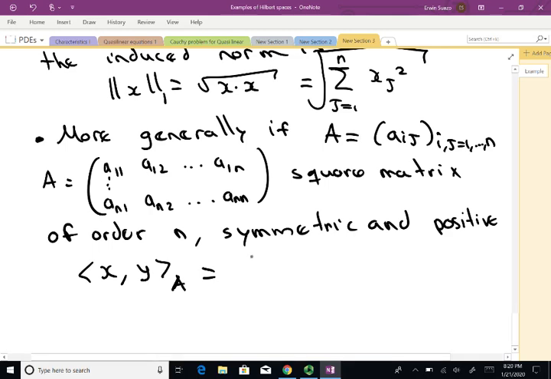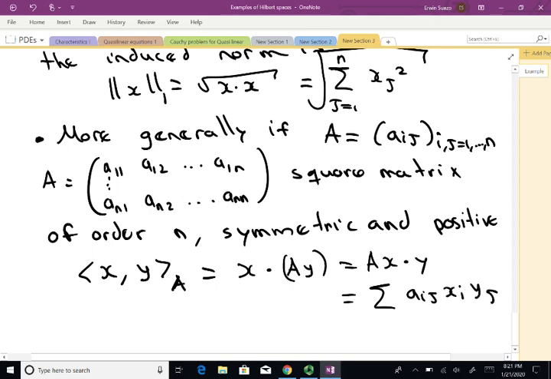Then you have x inner product with A y. So remember, A times y is going to give me another vector. Or the same thing, Ax inner product y. And then this is basically the sum of aij xi yj.